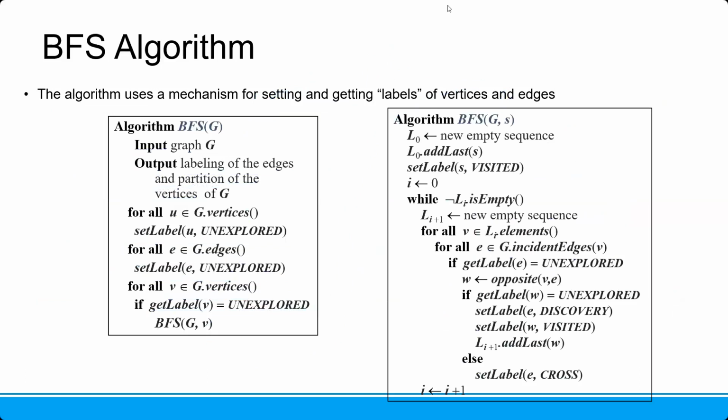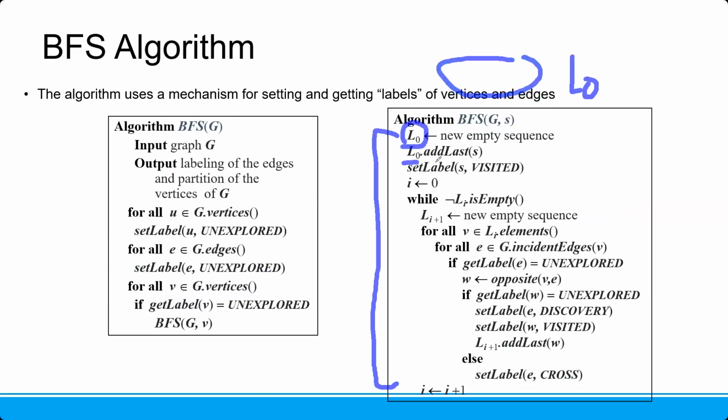In the BFS algorithm, if you look at this code, you will see that there is a variable L. L0 means the initial list.